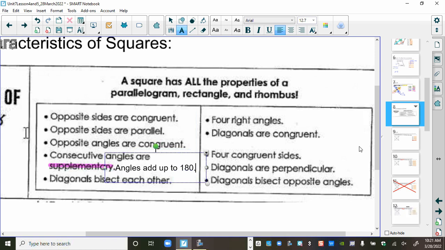Everything is going to be congruent. All right, any questions before we start? And with angles, 2 magic numbers. For angles, 90 or 45. With squares, the 2 magic numbers are 90 or 45.